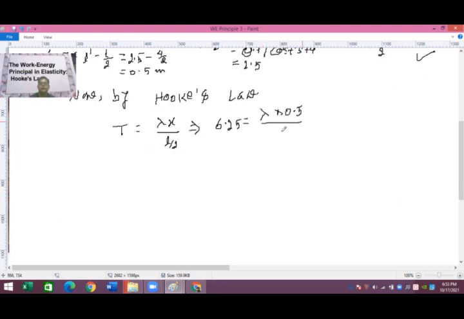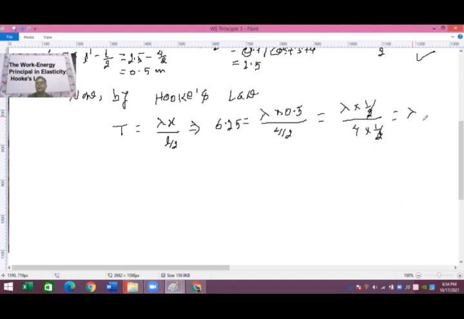So L by 2 means it is 4 by 2, and then you have here lambda times 0.5 means 1 by 2, and this is 4 by 2, or the way you like, whichever is easy for you to calculate. Then half and half cancel out.